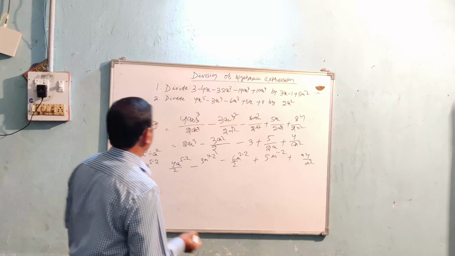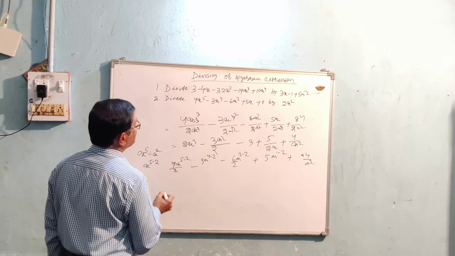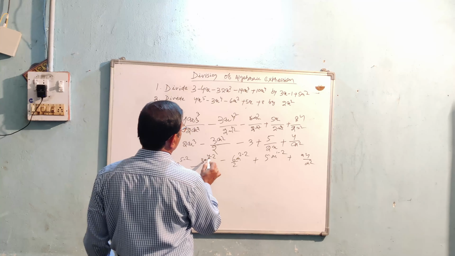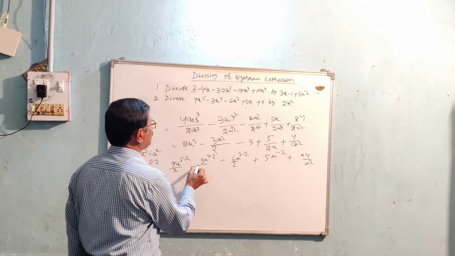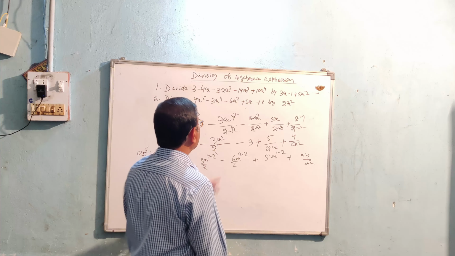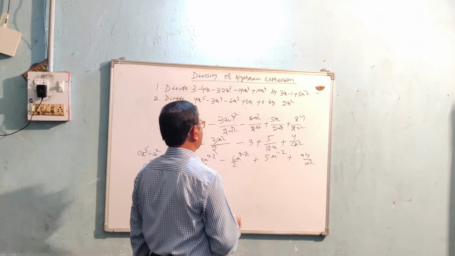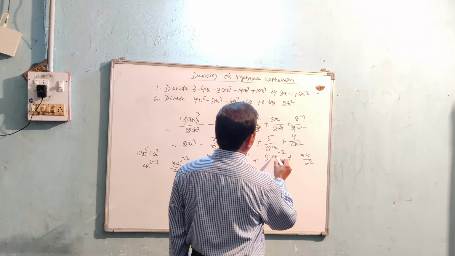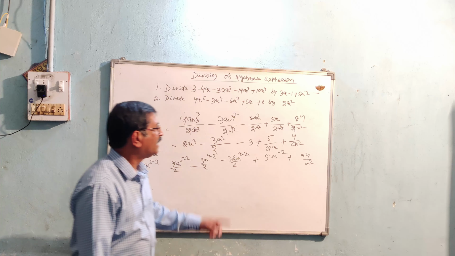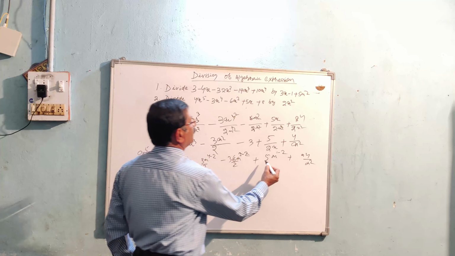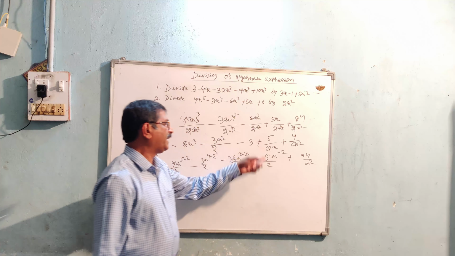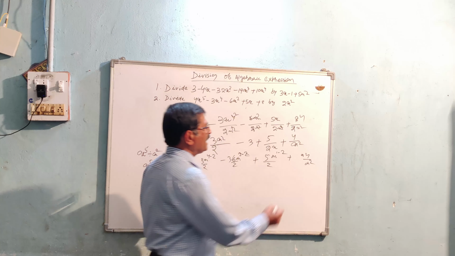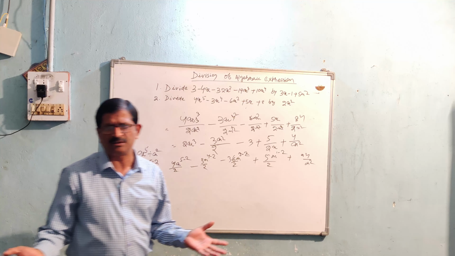Exactly the same thing: it becomes 2x cube. Here 3x to the power 4 minus 2 becomes 3x square by 2, and here it is only 3, and this one becomes 5x to the power minus 1, and finally it becomes 5 by 2x, because the exponent becomes negative. So in both methods we can do it.